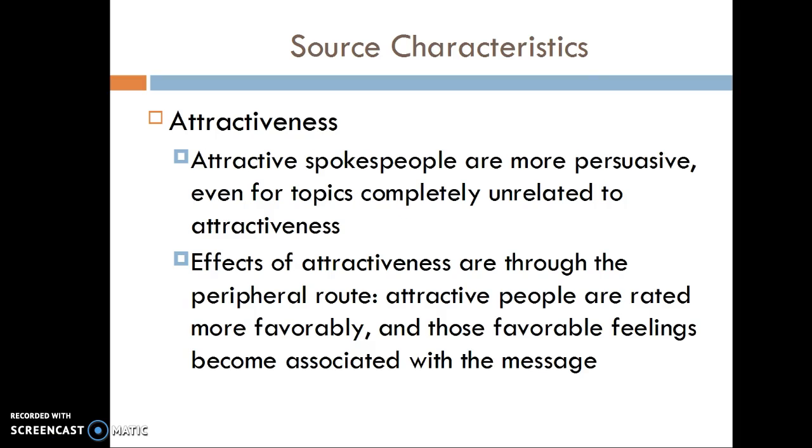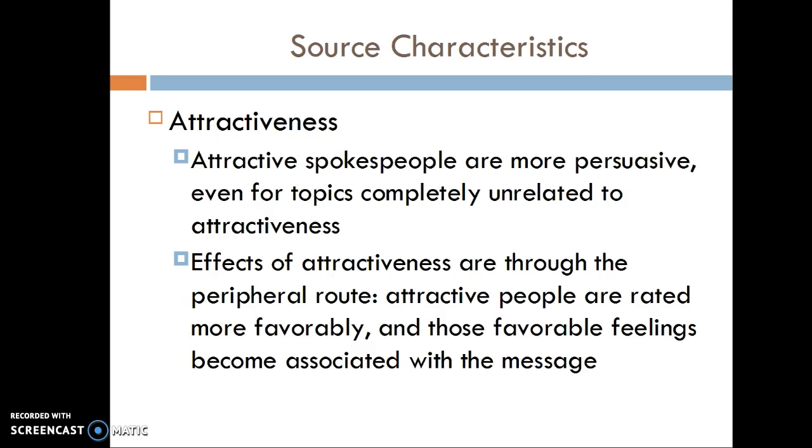Let's look at attractiveness first. We have an awful lot of social psychology research that shows that attractiveness is an advantage in getting your point across. Attractive spokespeople tend to be more persuasive even for topics that are unrelated to attractiveness.